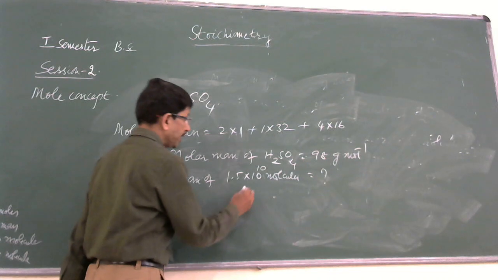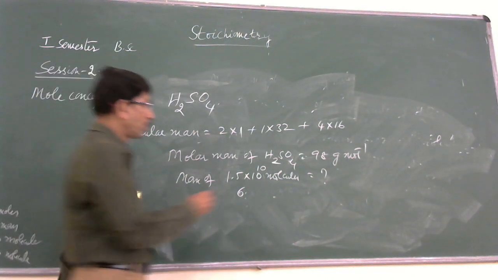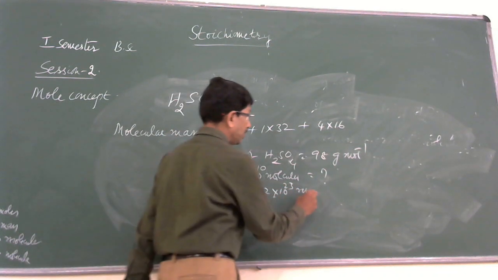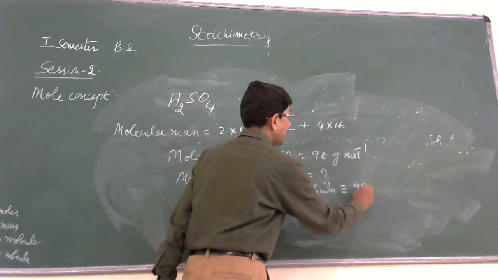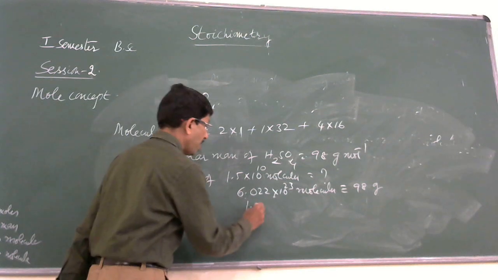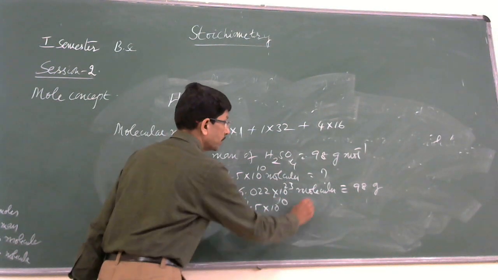So how do we proceed? We know the molar mass of sulfuric acid is 98 gram per mole. So 6.022 into 10 to the power 23 molecules correspond to 98 grams. So what will be the mass of 1.5 into 10 to the power 10 molecules?